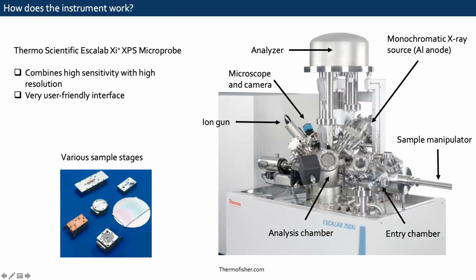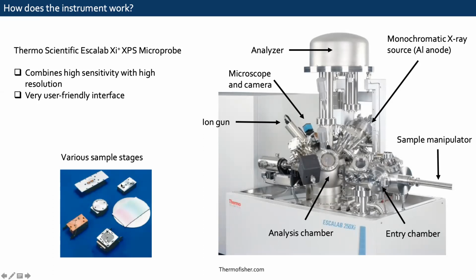At UCSB, we have a Thermo Fisher Scientific Escalab 250Xi, I think. It's a really fancy, new XPS. It's highly sensitive and has high resolution, with a very user-friendly interface.